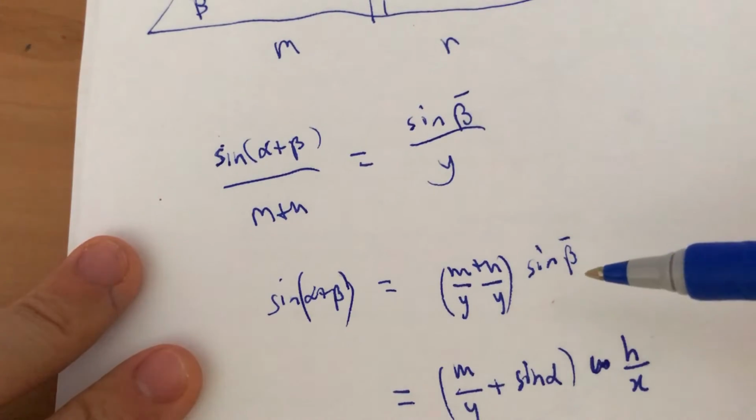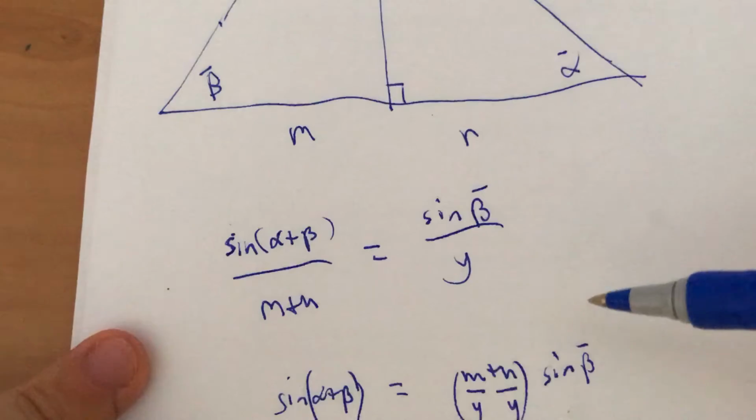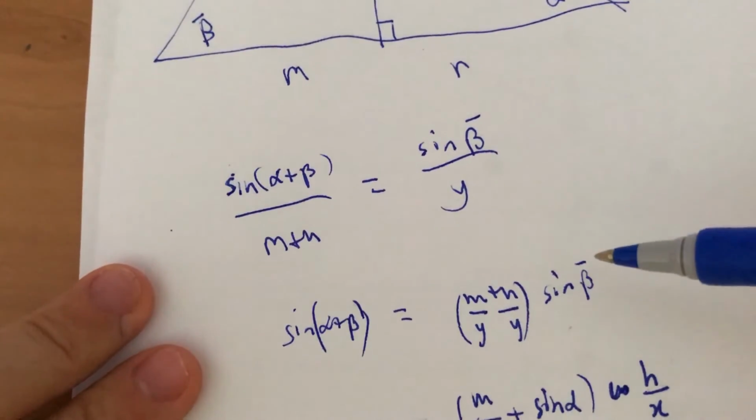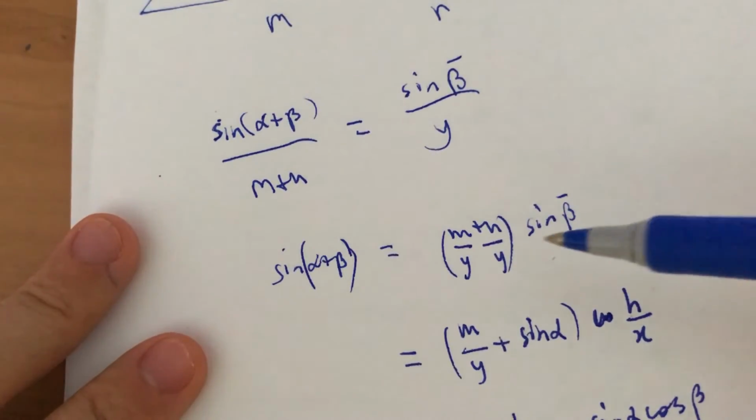gives this, and we note here that sine of beta hat is actually cosine of beta, and that's where the name comes from as well, it just complements it. 90 minus beta, sine of 90 minus beta is cosine beta.